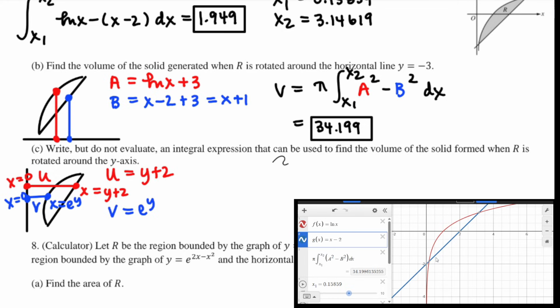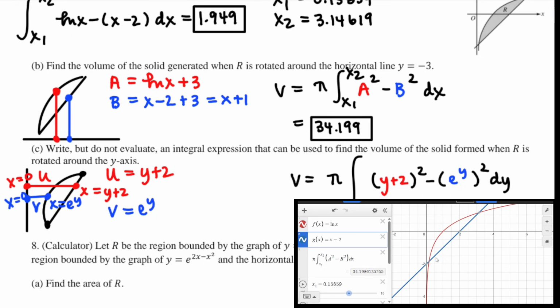And then the expression that could be used to find the volume of the solid, okay, I'm going to need to find the y coordinates of those points, but I'll reserve some room over there to do that. Okay, we're rotating, so it's pi r squared. So pi U squared minus pi V squared, and this is right but don't evaluate, so I'm going to stop there.